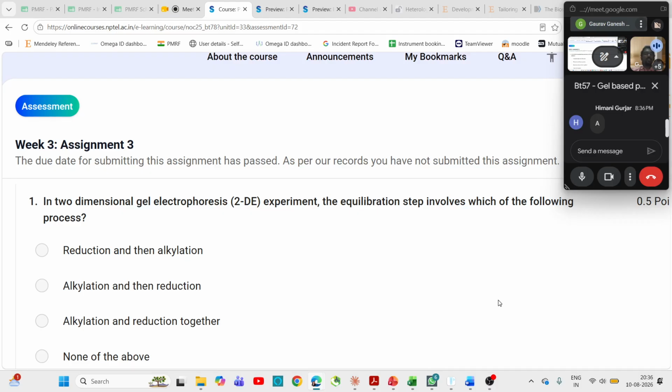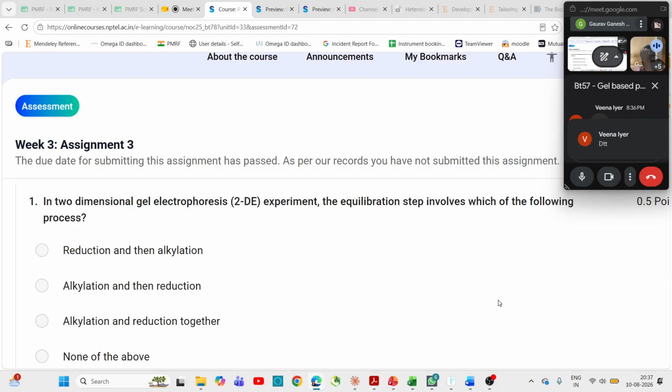What reducing agent do we use? Yeah, what does it do?